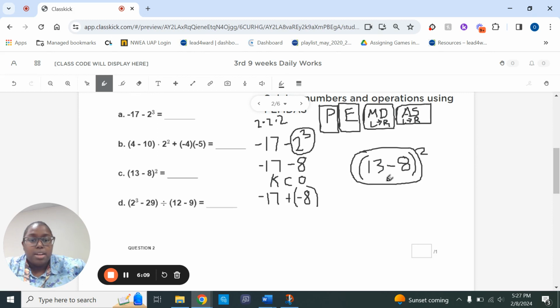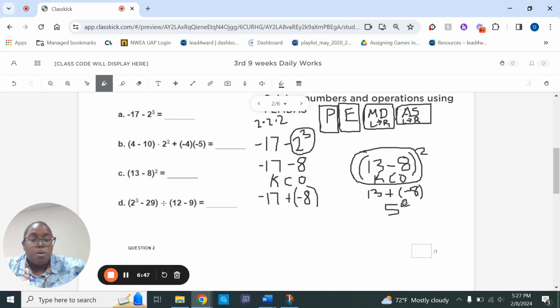Remember, if we have any kind of subtraction, we need to perform KCO. So this is 13 plus negative 8. So 13 plus negative 8, that gives us 5. Different sign, you subtract and keep the bigger sign. So 13 positives, and we only have 8 negatives, so we have more positives than negatives. So this is going to be a positive 5, and it's the one that's going to get the exponent.